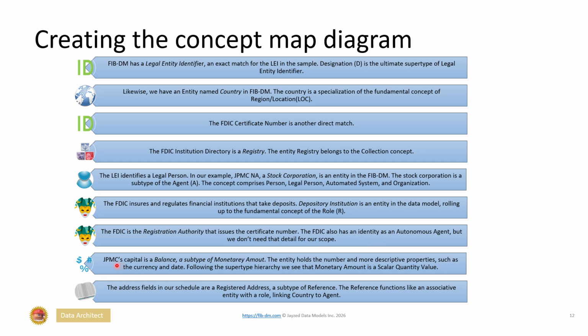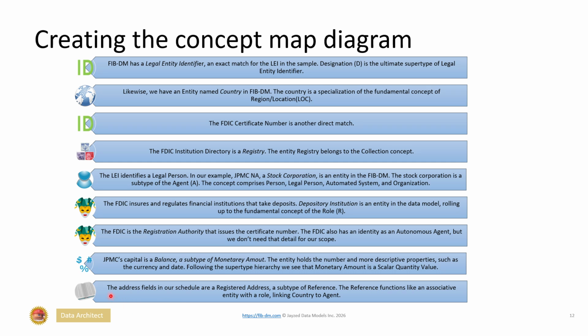Well, the capital is a subtype of a monetary amount, and the entity holds numbers and descriptive properties such as currency and date. And again, if we traverse up the supertype hierarchy, we find that the balance, the monetary amount, is a scalar quantity value.